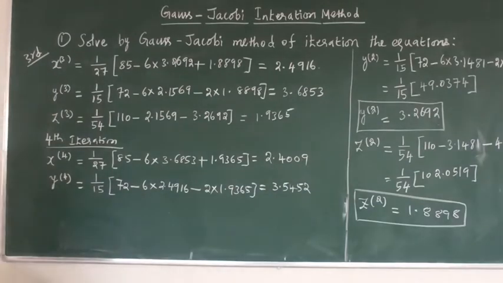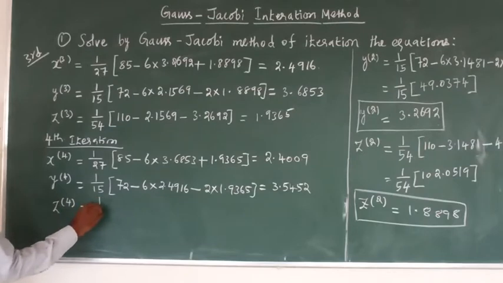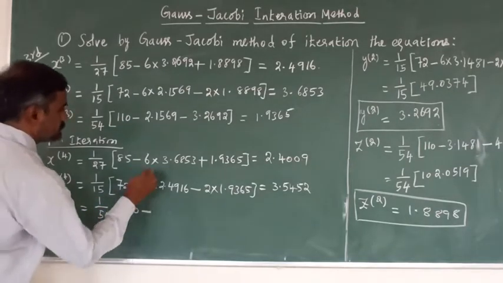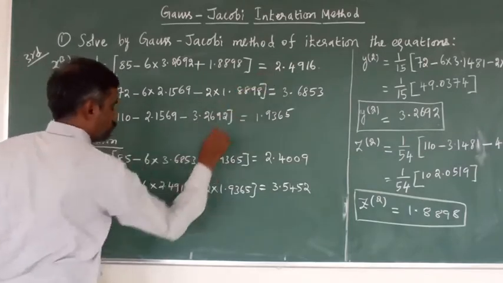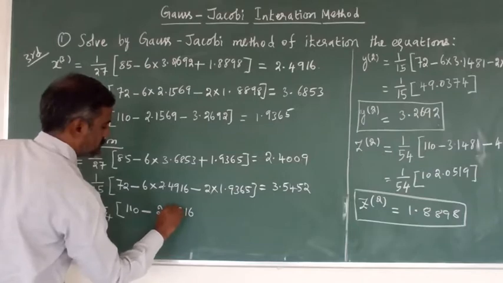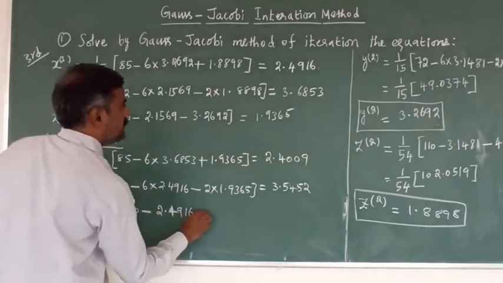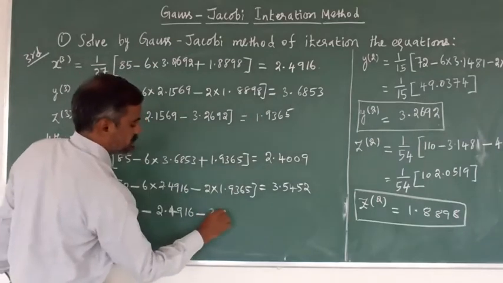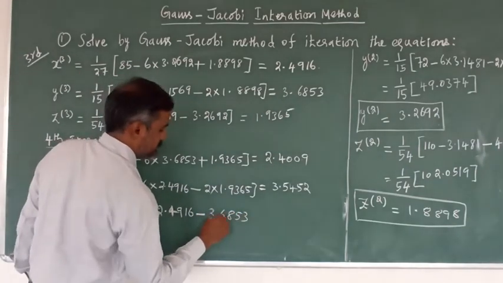Next, z4 = 1/54 (110 - x value 2.4916 - y3 value 3.6853).